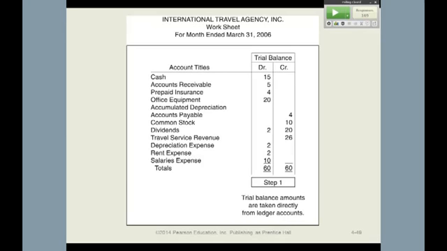Common stock is 20. Those got out of alignment somehow. Accumulated is 4. Accounts payable is 10, and common stock is 20. So those are your unadjusted trial balance numbers. Let me just make that correction.